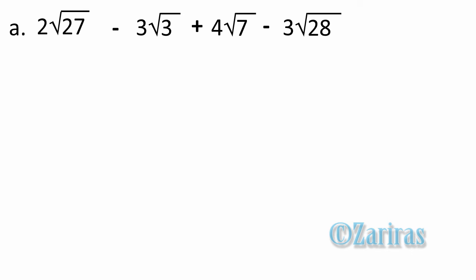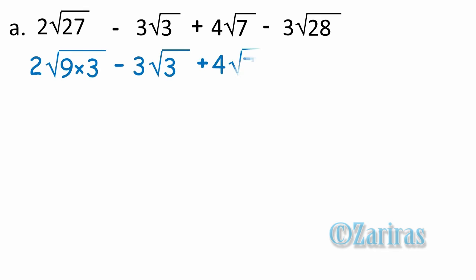Here we cannot add or subtract because all 4 surds are different. But we could simplify these surds. Root 27 will have some square number as a factor, and root 28 also is having some square number as a factor. So we could simplify the surds first.